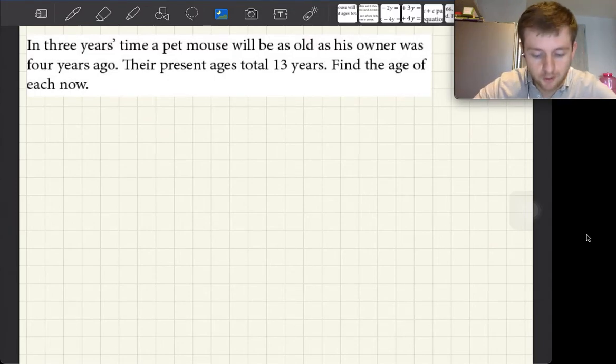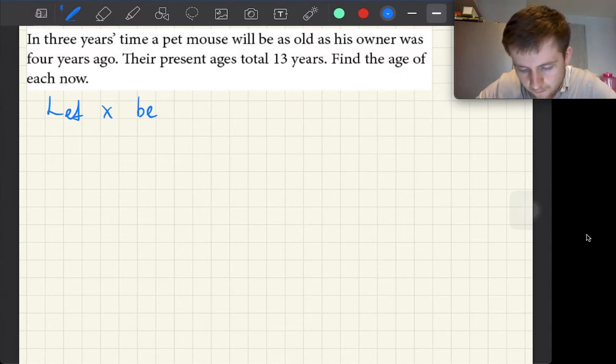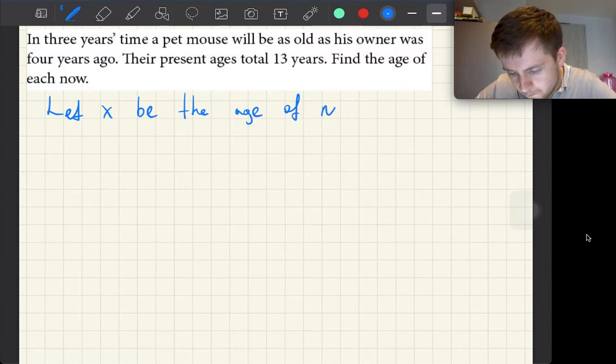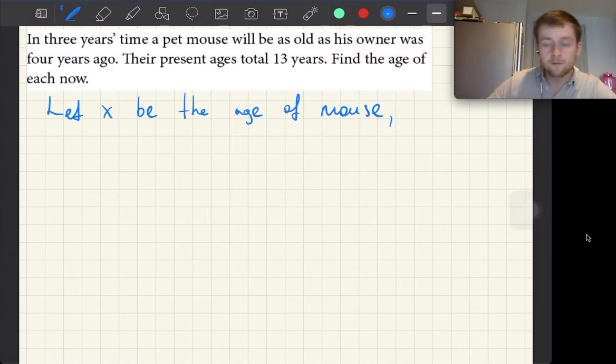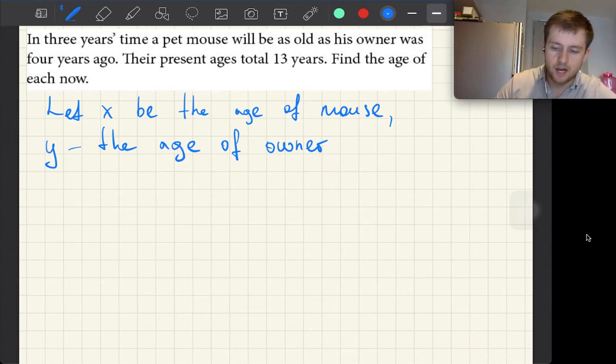Interesting. Okay, so let's say that x is the age of the mouse. y is going to be the age of the owner. So the total of their present age is 13 years. So right now, if we add them together, we will get 13.